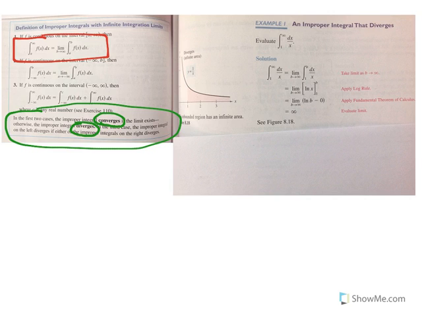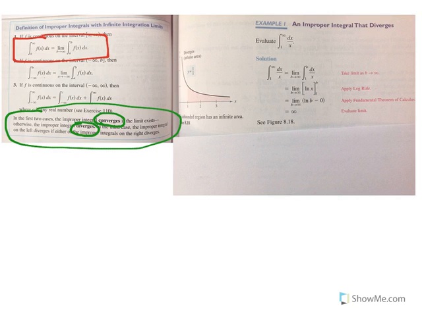So for this example, the integrand is 1 over x. So the antiderivative will be natural log of x. And then using the fundamental theorem of calculus, because that's what we have here, a definite integral, you can evaluate the antiderivative at the upper and lower limits of integration, subtract, and take the limit of this quantity as b approaches infinity.